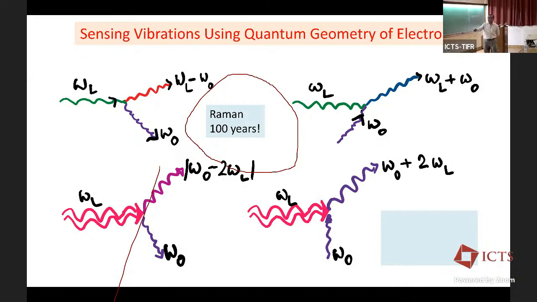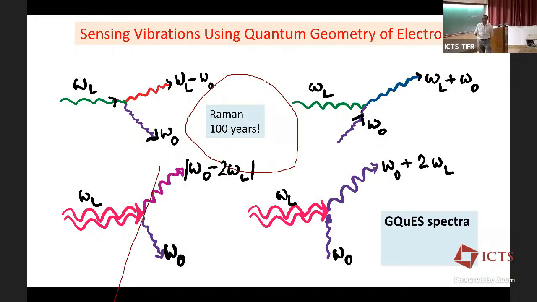So you have incident light with a frequency omega L, and a phonon with frequency omega 0. Unlike Raman, the scattered light will have omega 0 minus omega L. So in this proposed spectroscopy, basically the phonon carries the Stokes and anti-Stokes type frequencies.